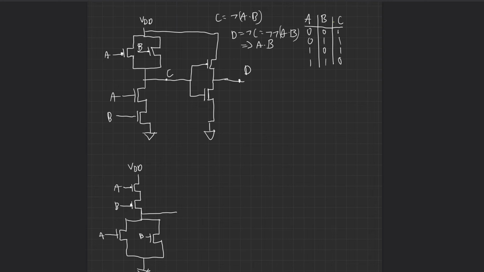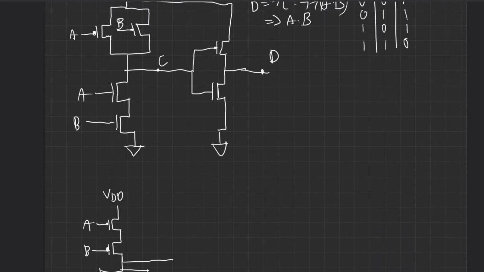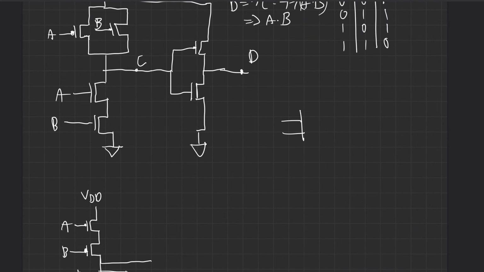So there you go. This is how we have created our AND gate. So this is what we've created. We have created this representation that you've probably seen everywhere. The AND gate. Cool.